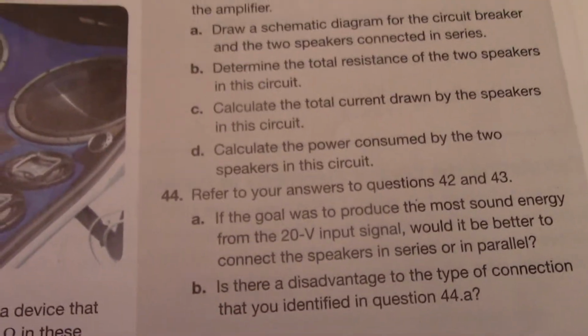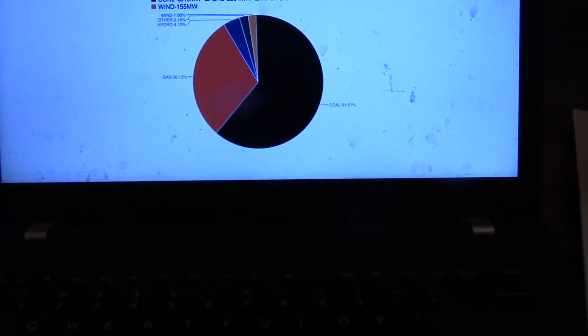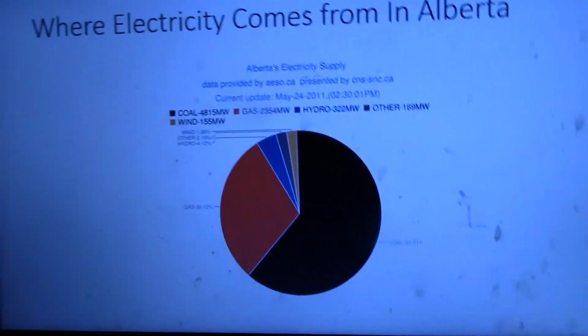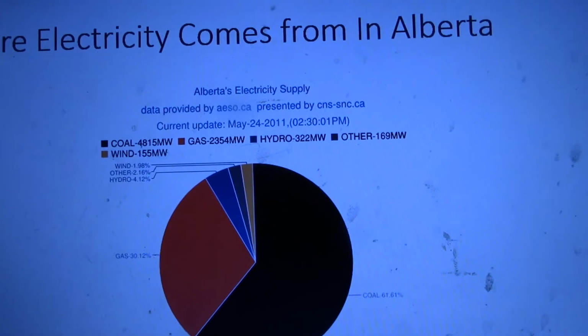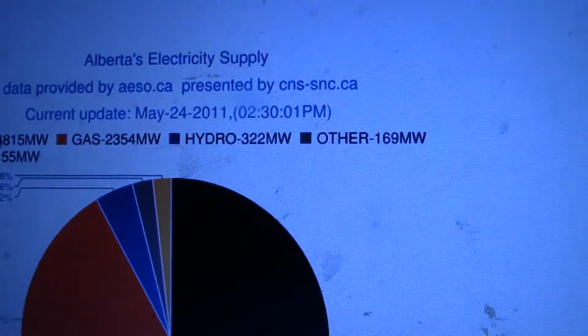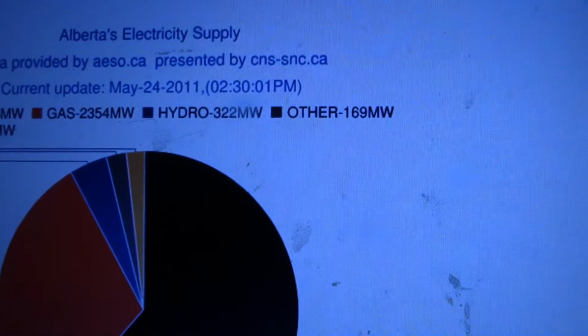So 43 and 44 also work with these power equations. This talks about where electricity comes from in Alberta. This is from 2011. So you can see that we have coal, gas, hydro, and other is things like wood chips and geothermal.